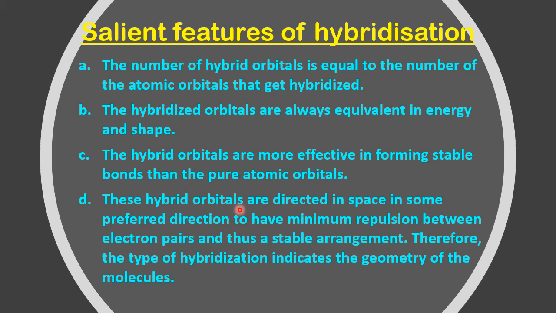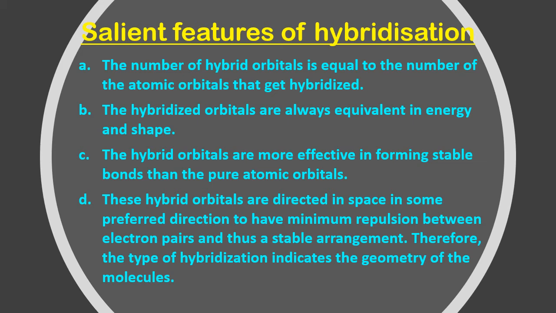These hybrid orbitals are directed in space in some preferred direction to have minimum repulsion between electron pairs and thus a stable arrangement. Therefore, the type of hybridization indicates the geometry of the molecules. Once atomic orbitals undergo hybridization, they orient themselves in space with the mantra of chemical bonding kept in mind, which I have repeated already: the least repulsion, so that they go for the maximum stability, because least repulsion gives the least energy.